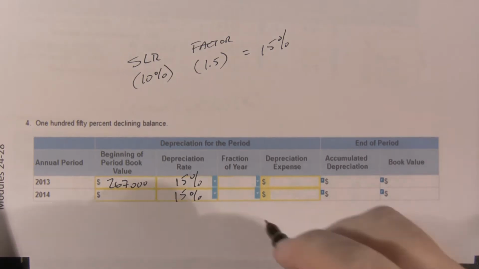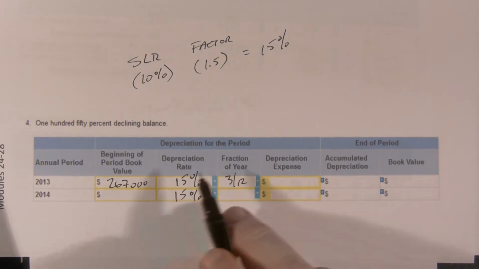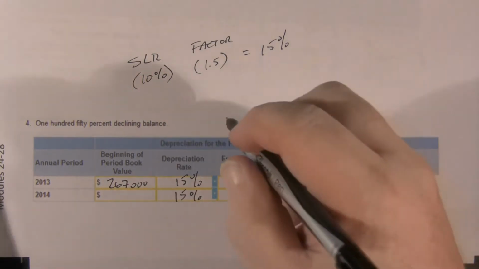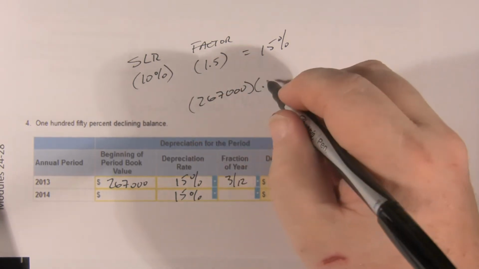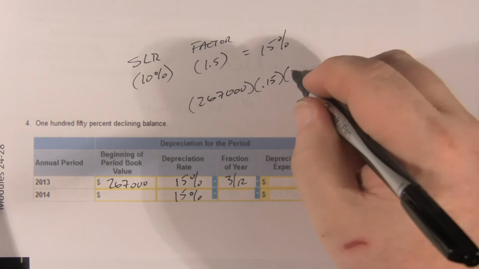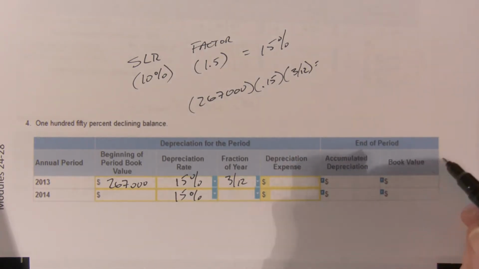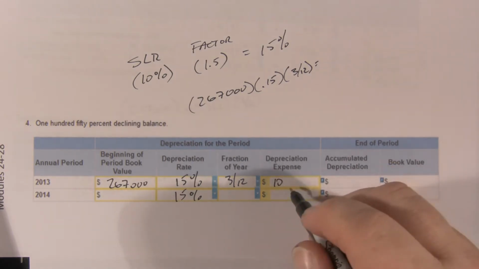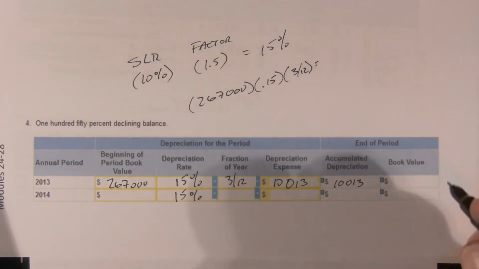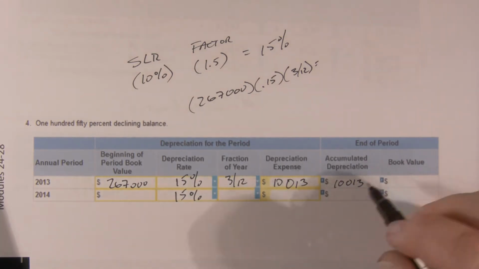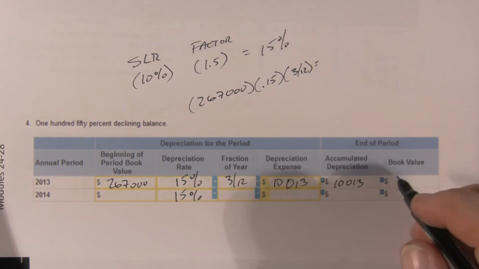And then we just go through and plug in the numbers. 15% of 267 times 3/12, 267 times 0.15 times 3/12 gives us 10,013. And our book value then is the 267 minus that. That's 256,988.